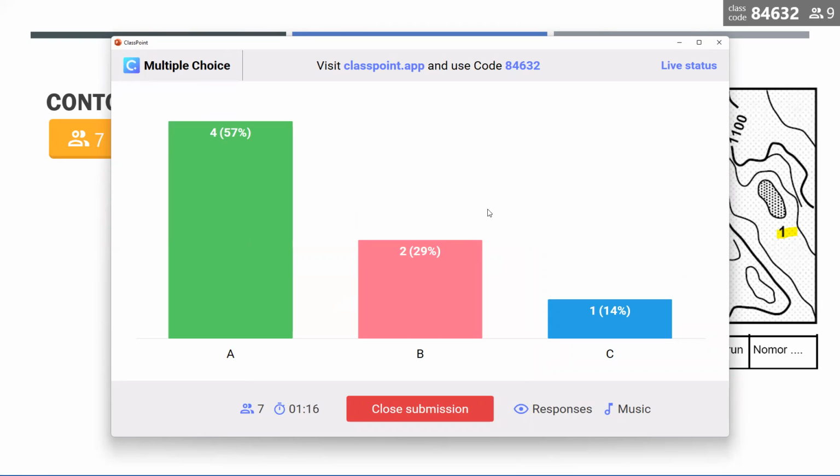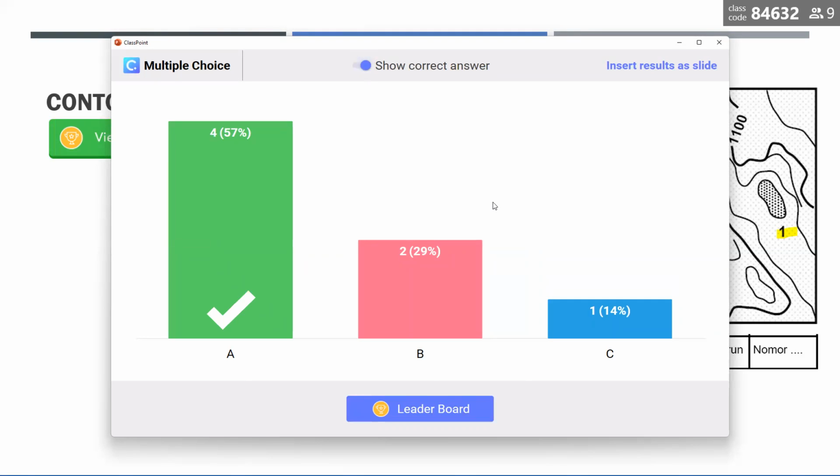Some of you chose 2, and 1 of you chose 3. Okay, that's all right. Let's just leave it at that for now. So most of you got it correct.